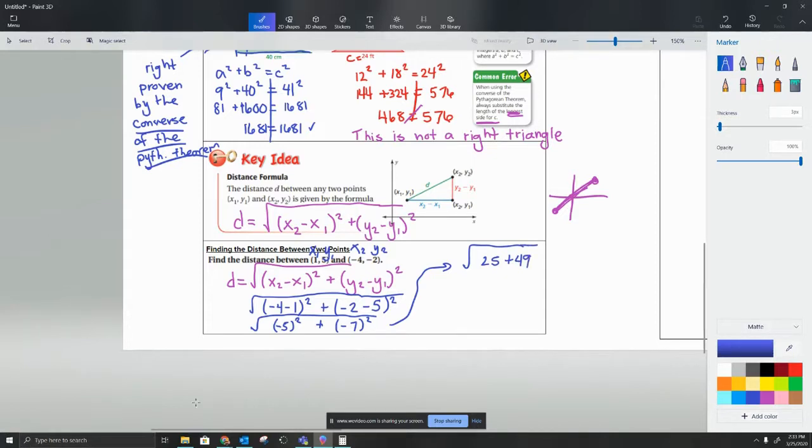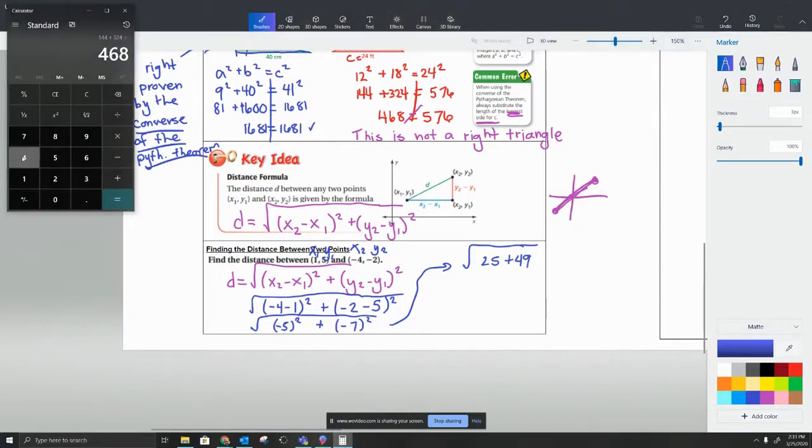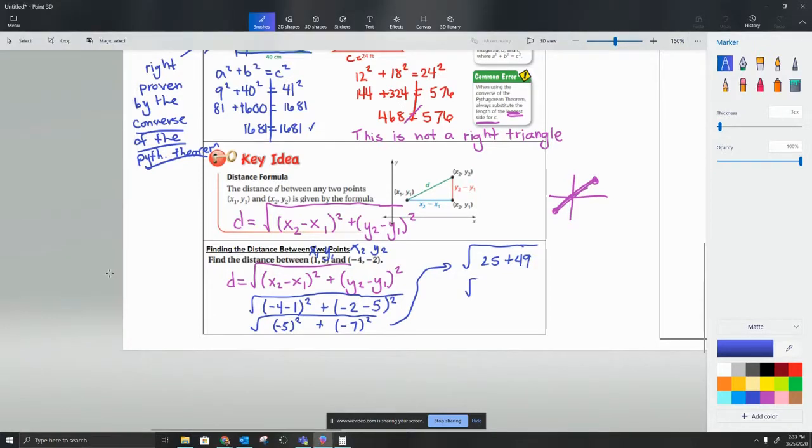We go ahead and add those two. So 49 plus 25 equals 74. 74 is not a perfect square, so we are going to leave our answer literally as the square root of 74.